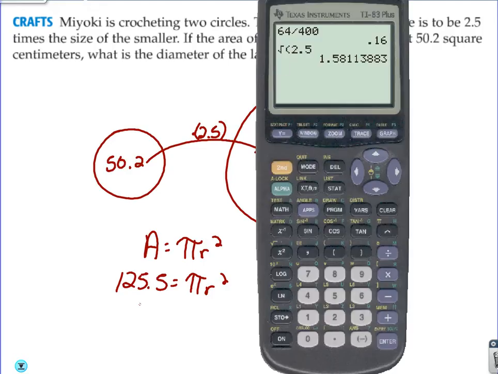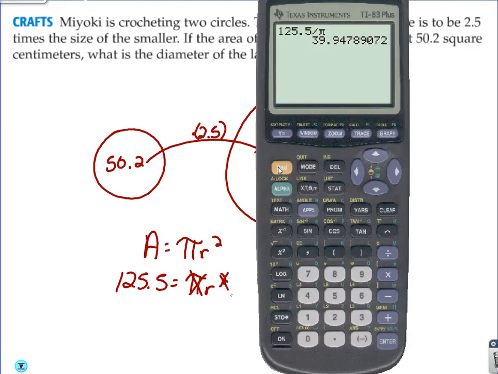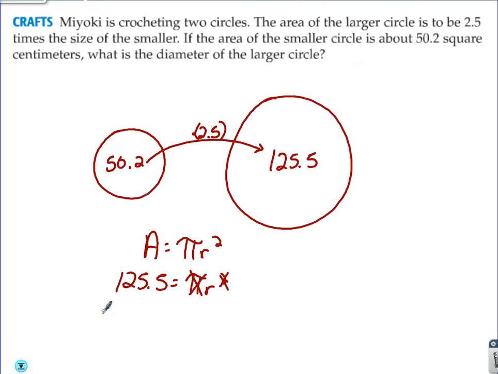So we divide 125.5 by pi. Then how do you get rid of the square? Square root. The square root of my answer is about 6.32. That's the radius of the big one. Radius is 6.32, the diameter is 12.64.